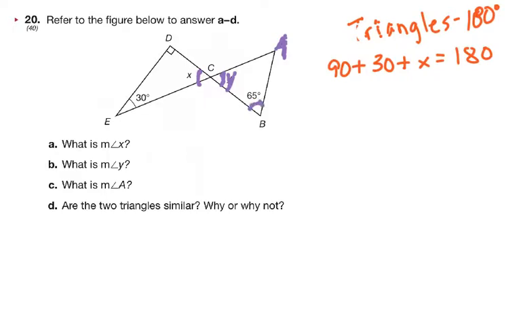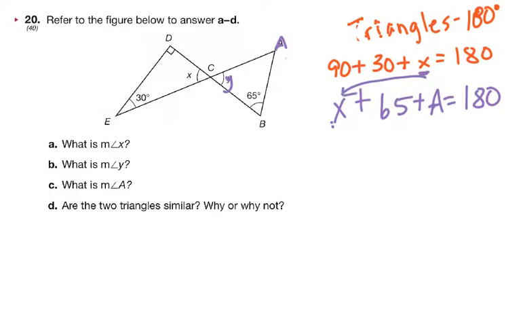Angle A, so angle B, which is 65, plus angle y, which you know is the same as angle x, plus angle A is still going to equal 180 because it is a triangle. So what you got for your answer for x here, you're going to put for x right here, and you're going to find the measure of angle A. Pause your video and go ahead and do that.